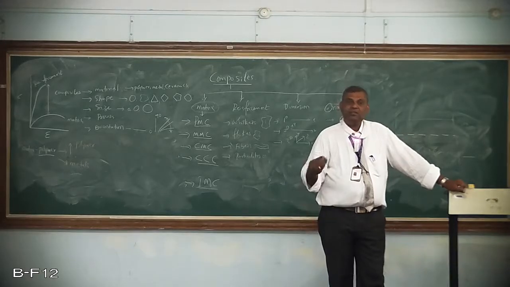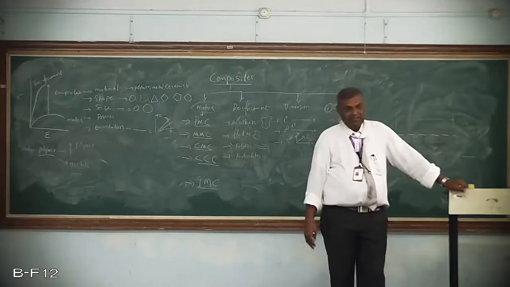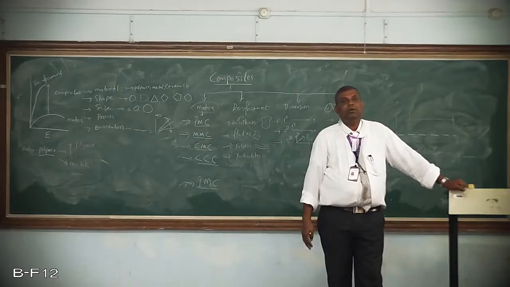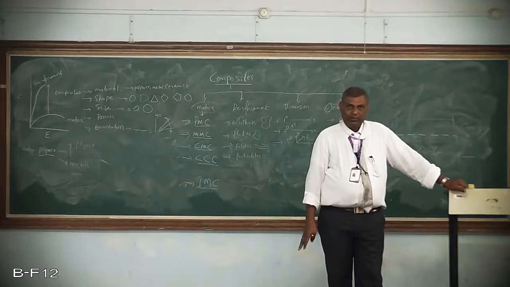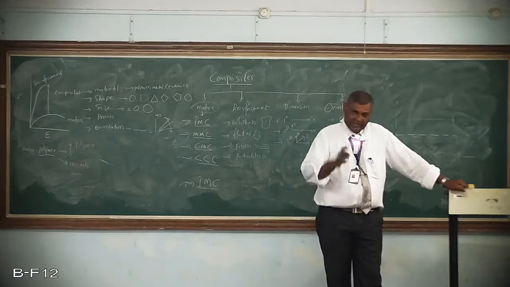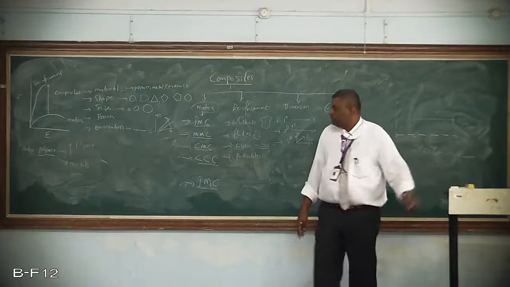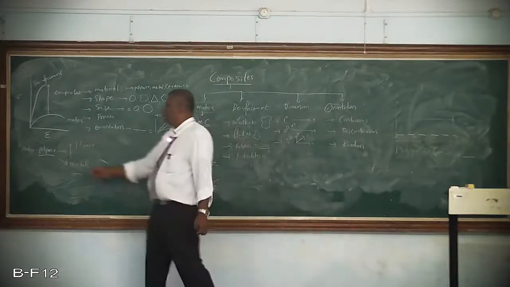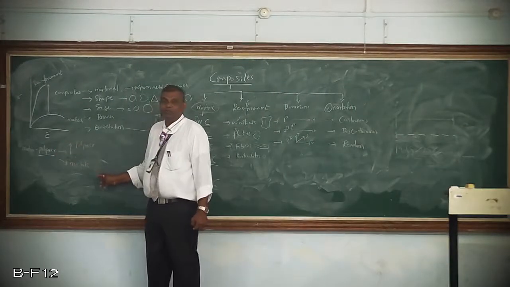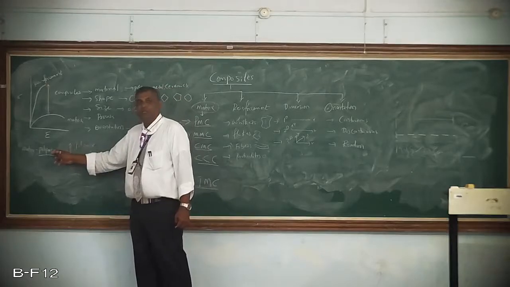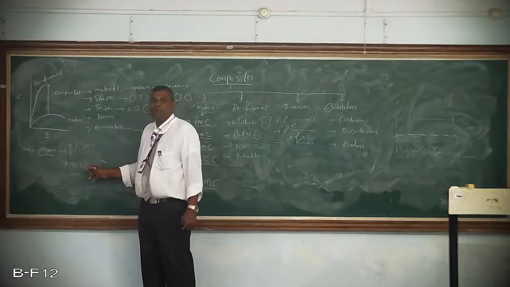By adding some percentage of metals, it can be converted to conductive polymers. So a polymer which is basically insulative in nature can be made conductive. So that is called polymer metal composites. So the matrix is polymer and the reinforcement is metal.